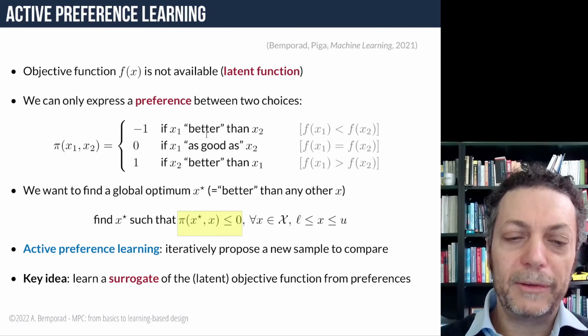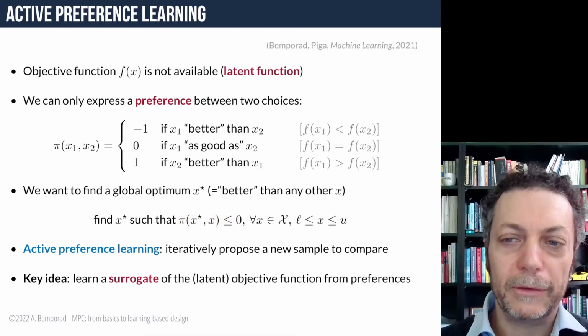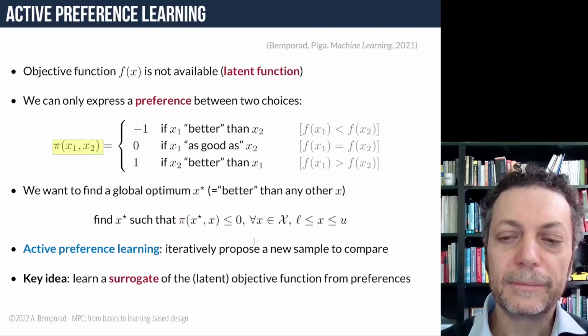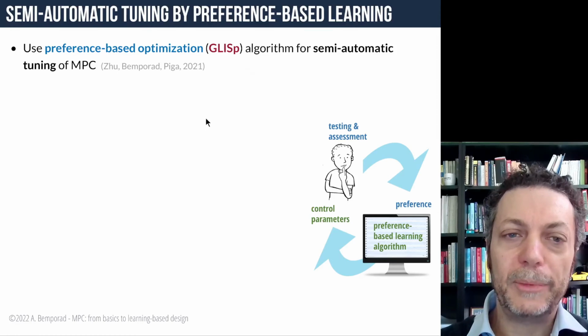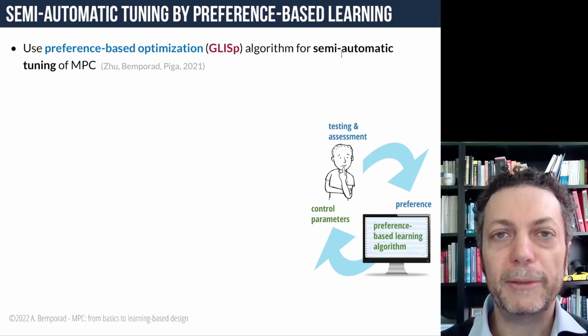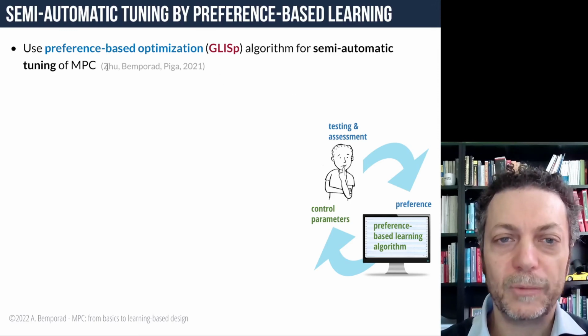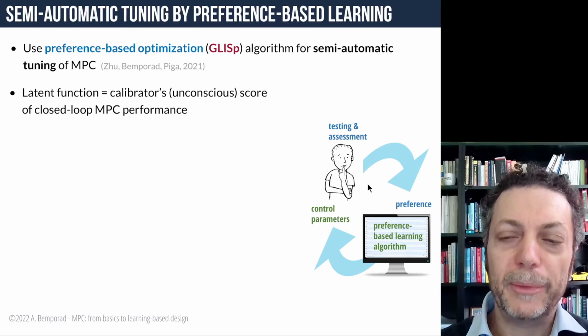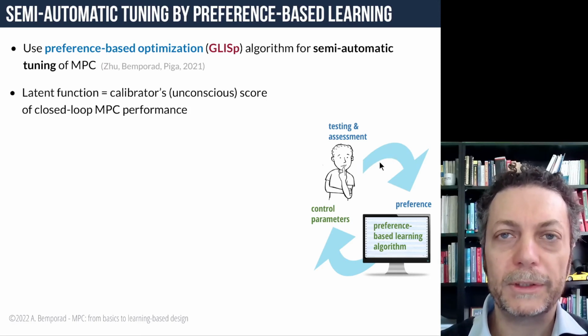Okay, so the algorithm we have derived is based on learning a surrogate of the function f by processing the preference values, so by collecting preferences. And this has been used for preference-based calibration, or you can call it semi-automatic tuning of MPC. I've described the approach in this paper here, where you run experiments, you ask the calibrator to judge whether the new design is better or worse or the same as the current best design that you have found so far.